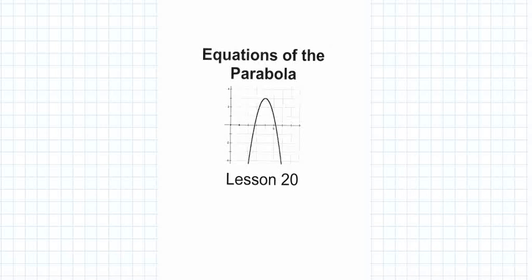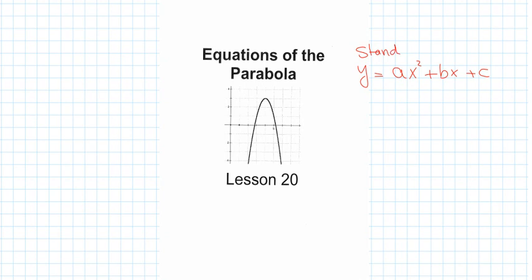The first form that you can see a quadratic in is called the standard form. That's the most expanded form. The second form is the factored form. We've already talked about these two forms briefly, but we didn't graph from these forms.